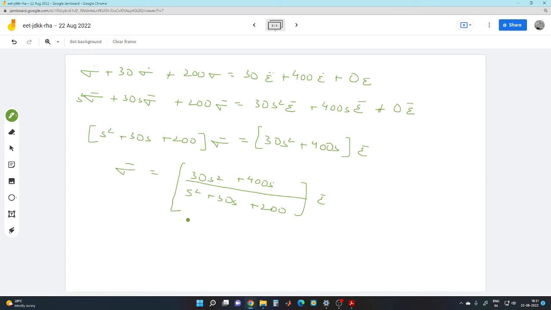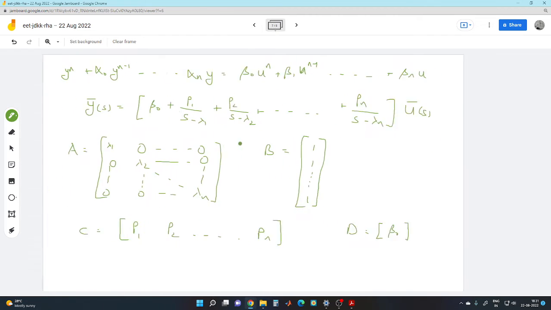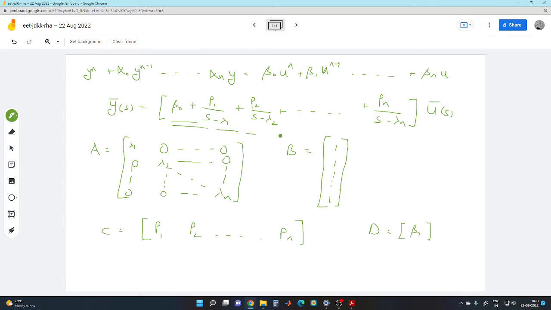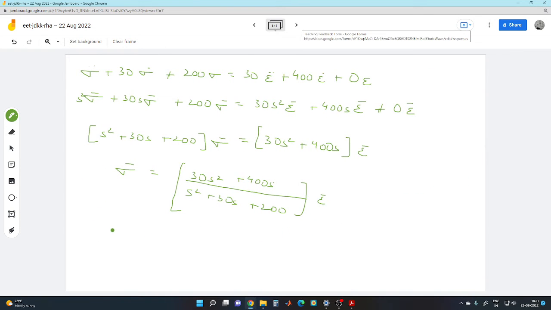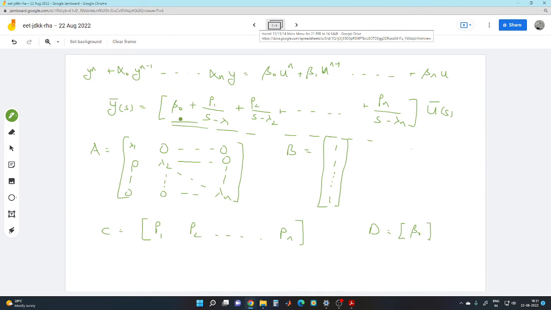So this transfer function is currently not in the form of this particular required form. So we'll convert this transfer function into this particular form. For that, the first step is we separate the beta naught.